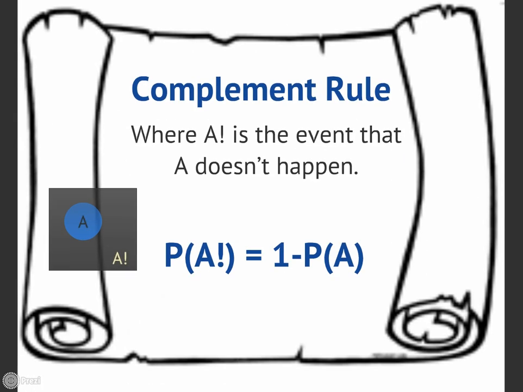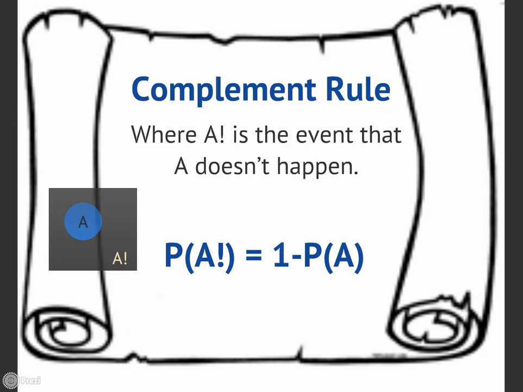Another rule that's nice to have handy is the complement rule. The complement rule is not so much opposites. If you look at the figure, we have the blue circle. And let's say the blue circle is what we're interested in.